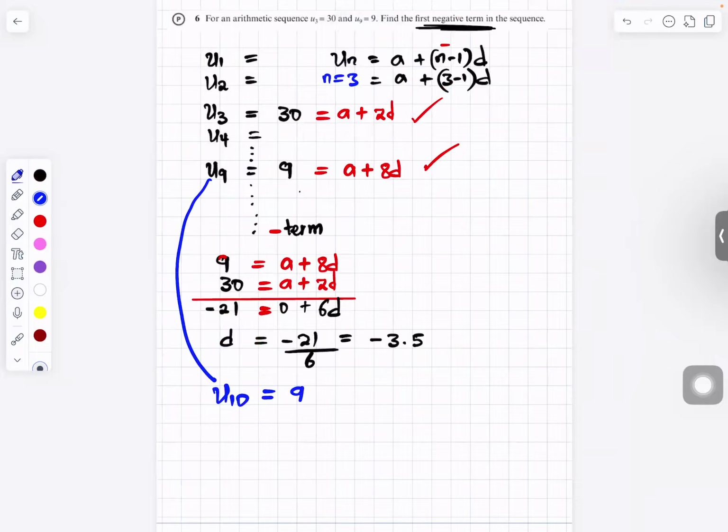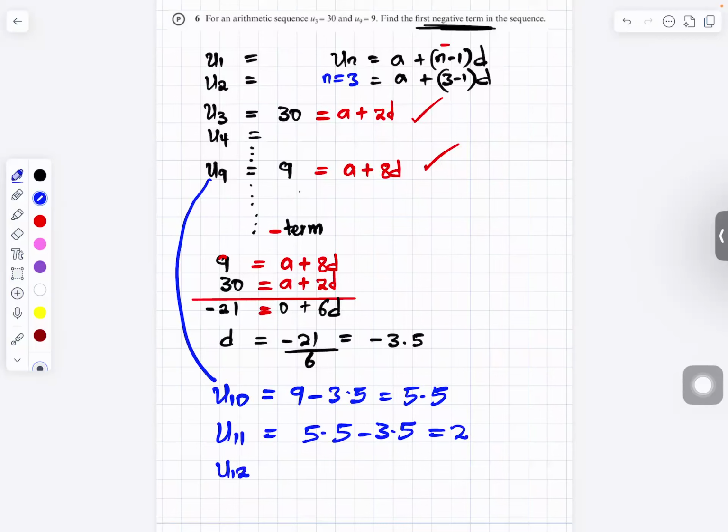U10 will be 9 minus 3.5. So 9 minus 3.5 is 5.5. And then U11. U11 will be 5.5 minus 3.5, which will give us 2.